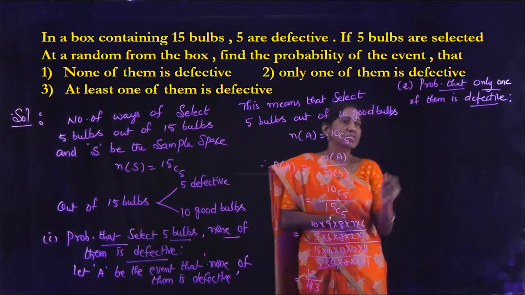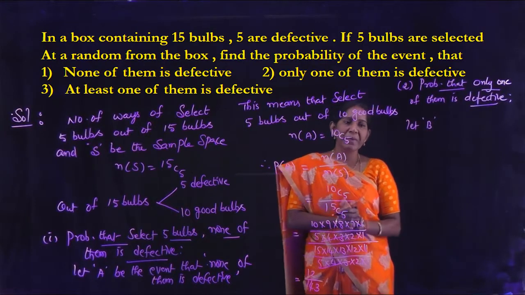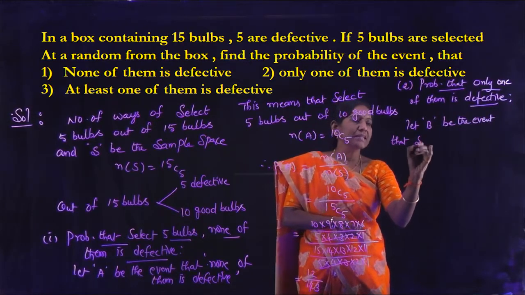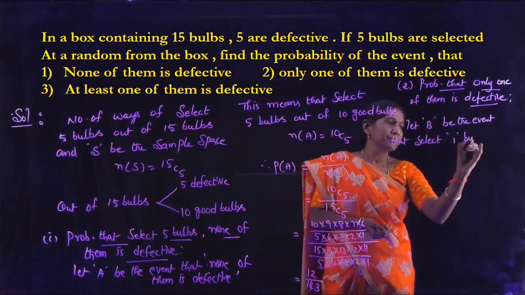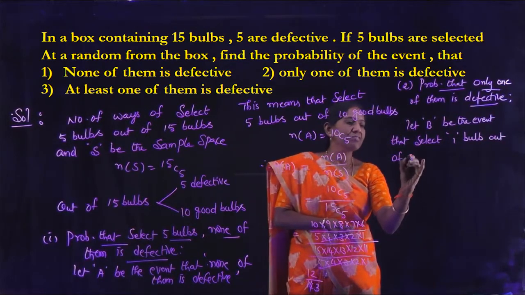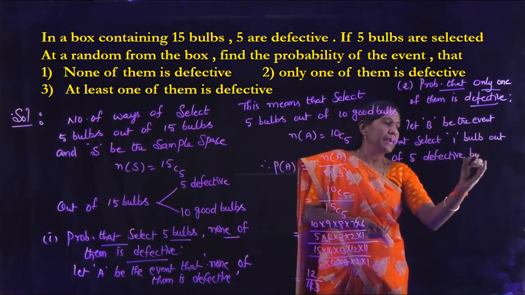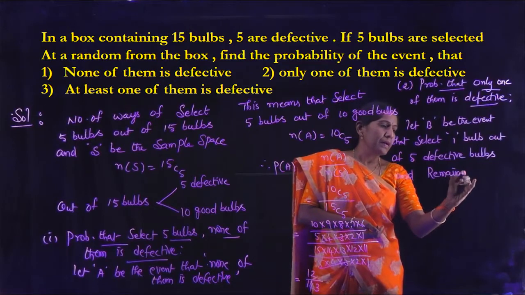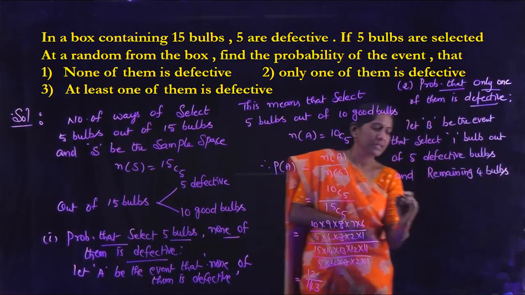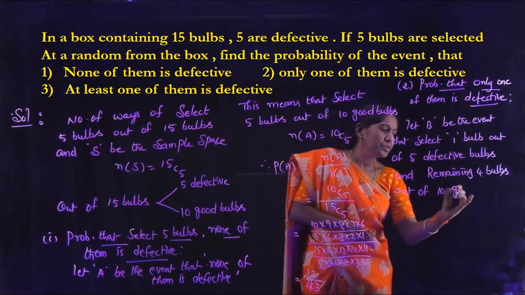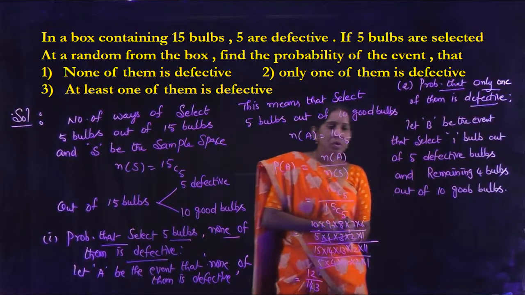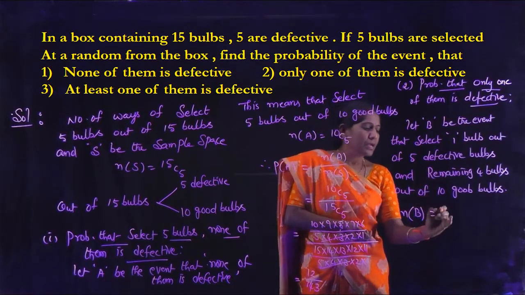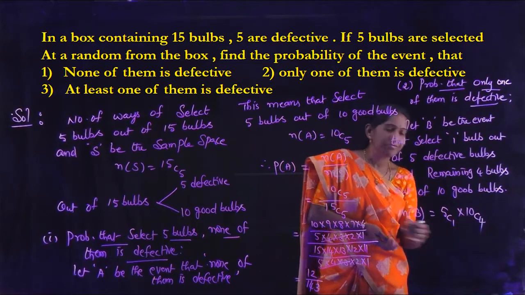Take it as event B. Let B be the event that we select 1 bulb out of 5 defective bulbs and the remaining 4 bulbs out of 10 good bulbs. So n of B is 5C1 into 10C4 ways.